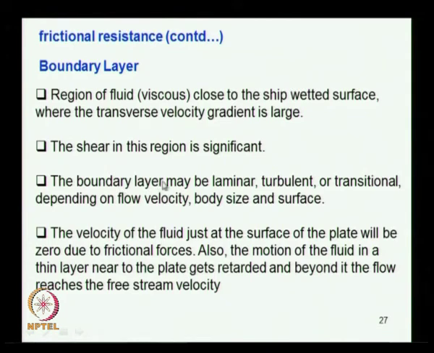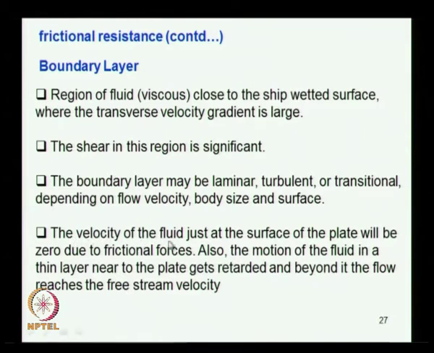The boundary layer may be laminar, turbulent, or maybe transitional also, depending on the Reynolds number, body surface, body curvature, flow velocity, body size, everything matters here. So this depends on the flow velocity u, body size L, and surface roughness. All this matters for the type of boundary layer, whether it is laminar, turbulent or a transition.